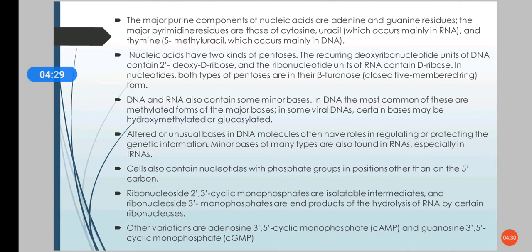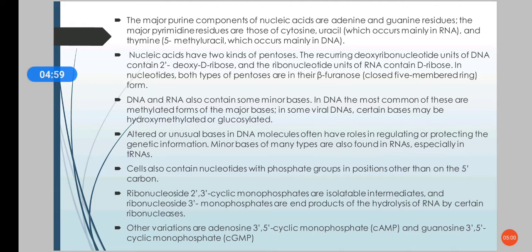So some minor bases are also found in the structure of nucleic acids. These minor or unusual bases have roles in regulating or protecting the genetic information. In RNA also minor bases are found, especially in tRNA. There are many unusual bases found, like pseudouracil and others.